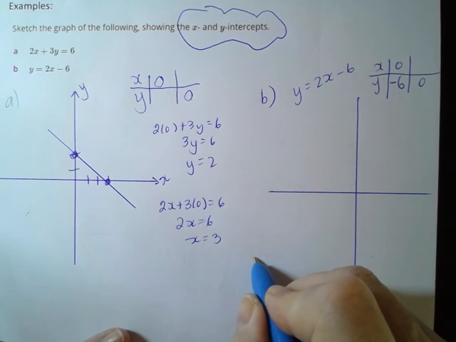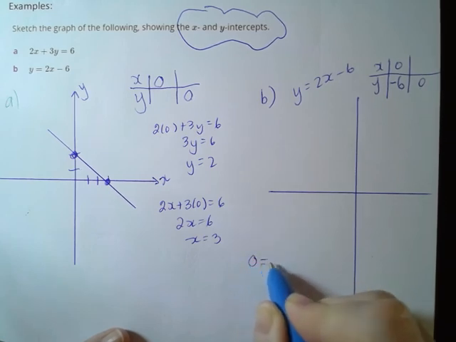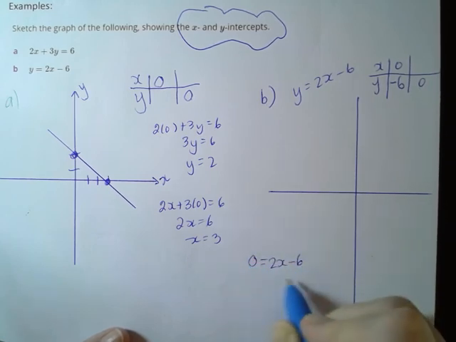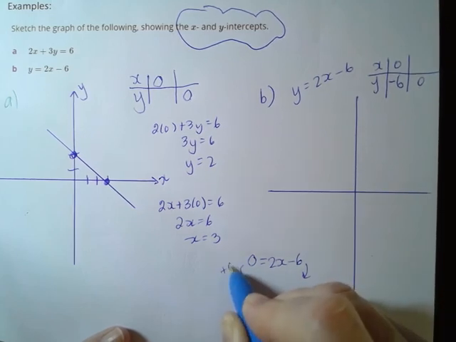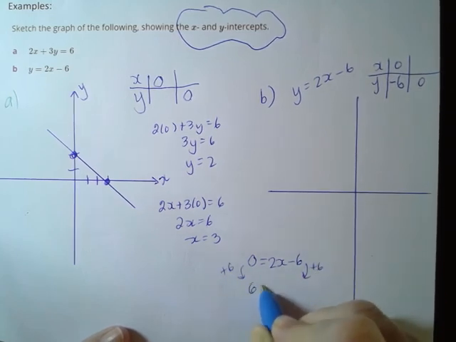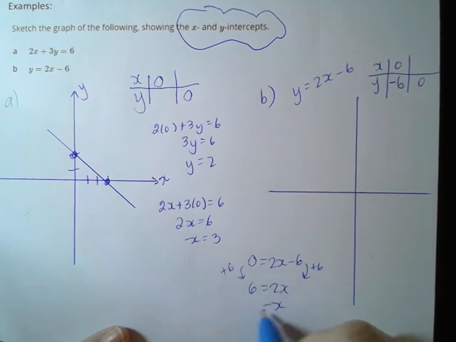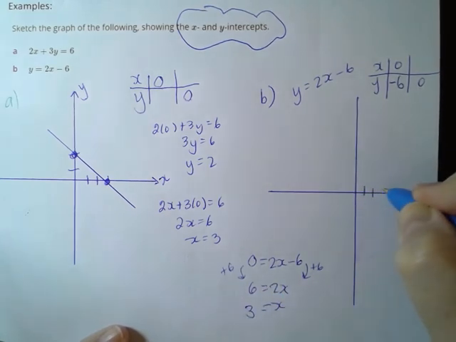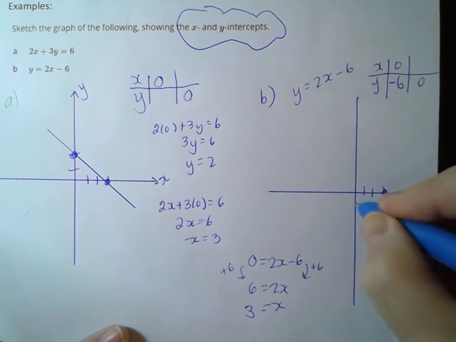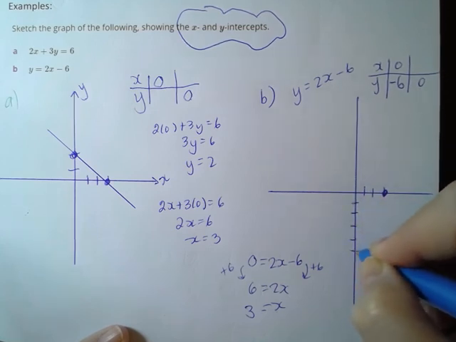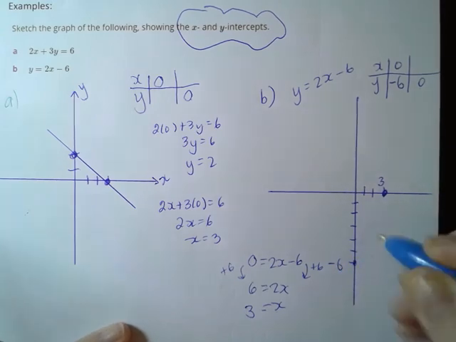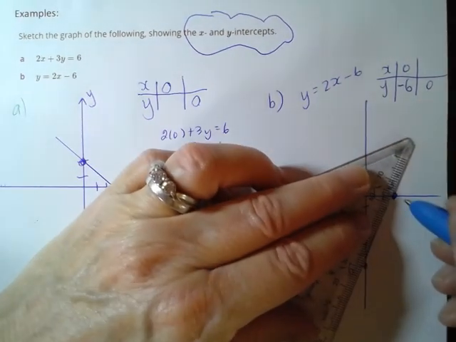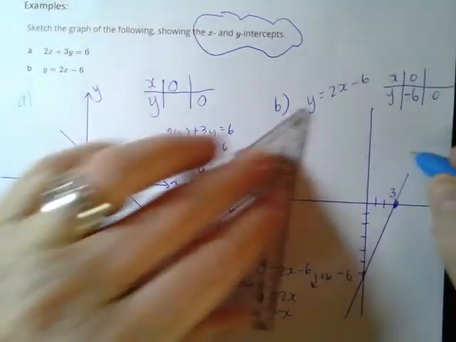So I'm going to go 0 equals 2x minus 6. And now I'm going to add 6 to both sides. And I get 6 equals 2x, or x equals 3. So I'm going to put x equals 3 on, and I'm going to put y equals negative 6 on. And I'm going to graph my line. And that's it. Easy as pie.